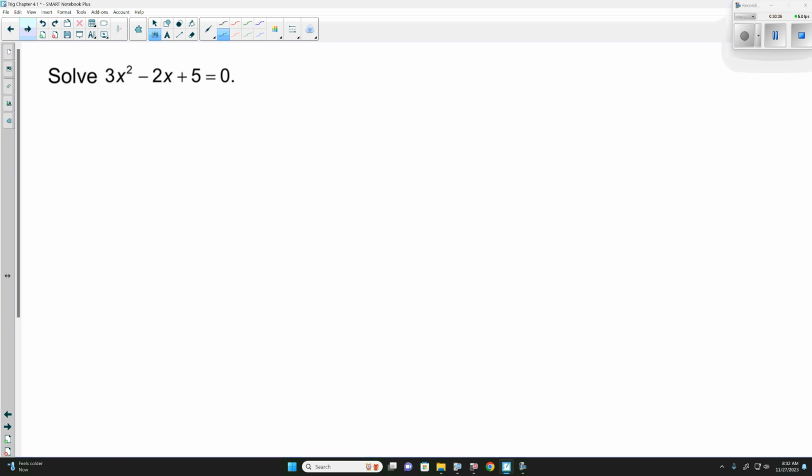3x squared minus 2x plus 5 equals 0. Well, if I was a betting man, I would assume that this has complex solutions. The whole chapter's section so far has been over imaginary, so most likely this has imaginary solutions.